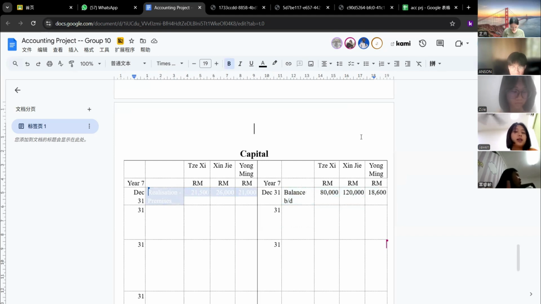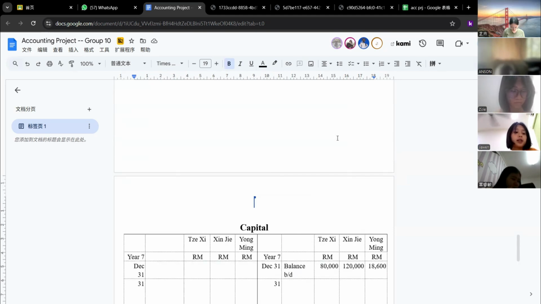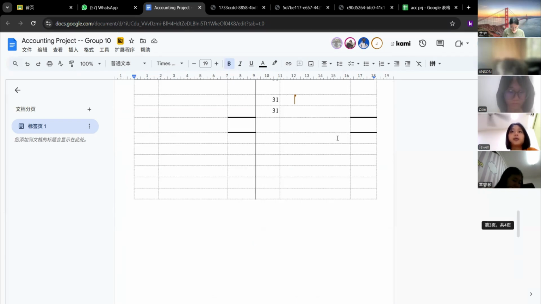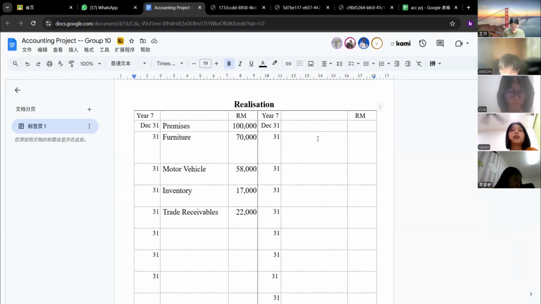And then after we record the equity, we have to record the liabilities. The liabilities we have to record on the credit side of the realization account.